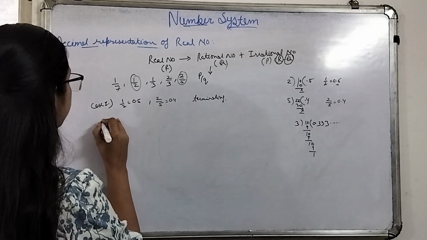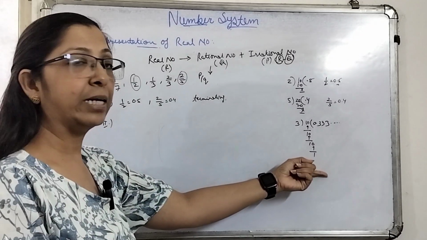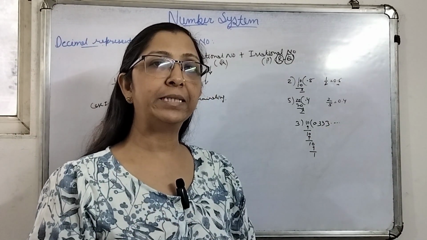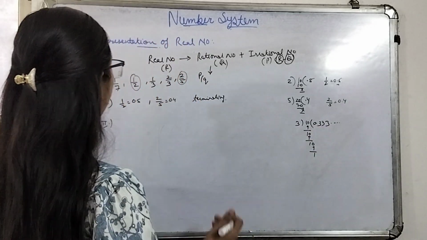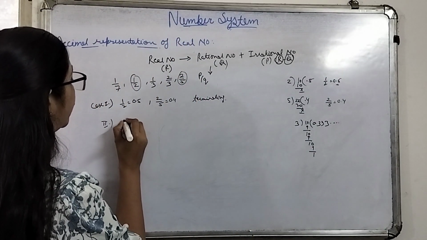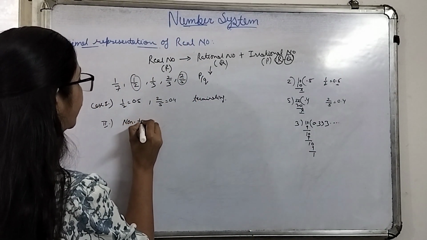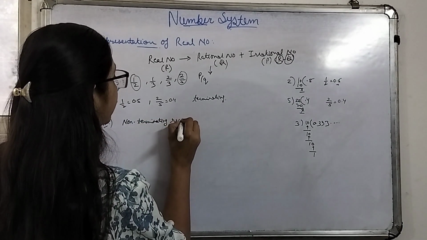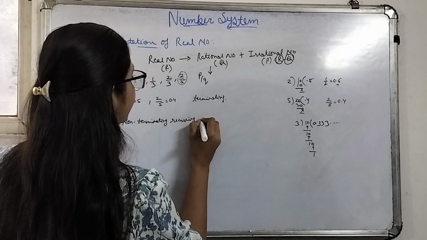And the second case is when your remainder never ever comes to an end, and either a number or a group of numbers repeats again and again. These decimal representations are known as non-terminating, recurring or repeating decimal representation.